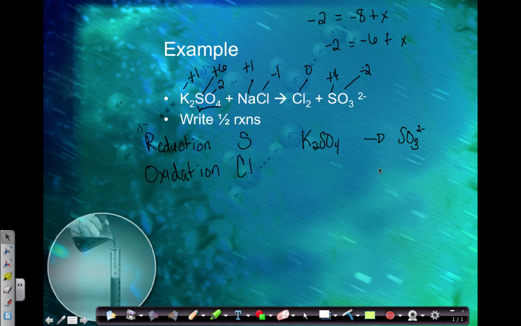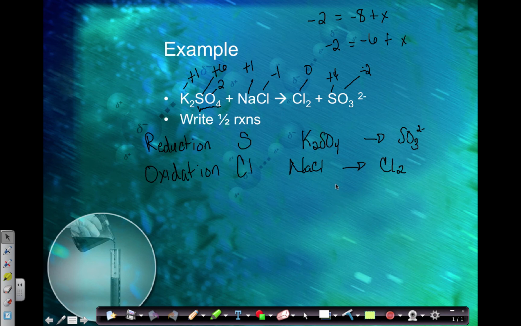All right, so this is our half reaction for the sulfur. Let's look at chlorine. We're going to worry about balancing it in just a second. Let's get the reactions written first. So on this side, chlorine is NaCl. On the product side, it's Cl2. All right, so now those are our half reactions.